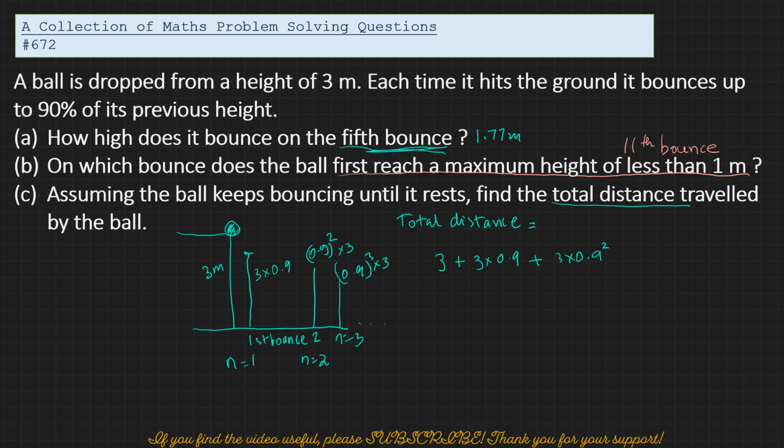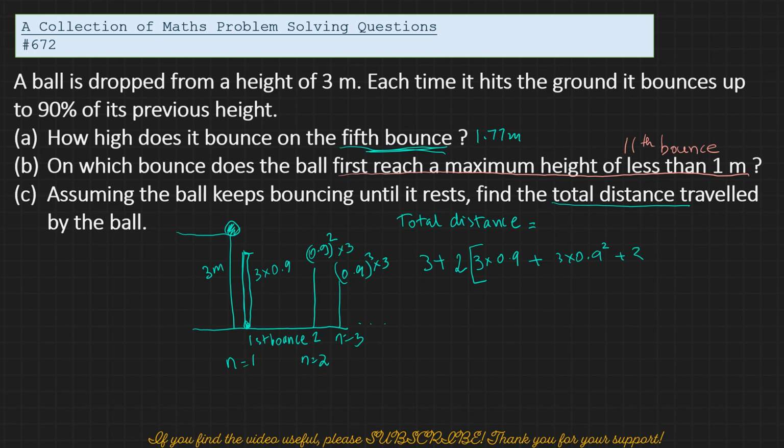But you see, something is happening here. Before that it is 3 plus, each time it bounces it covers twice the distance. So it touches the ground, it goes up, again it comes down. So it is twice the distance. So I have to write a 2 here.